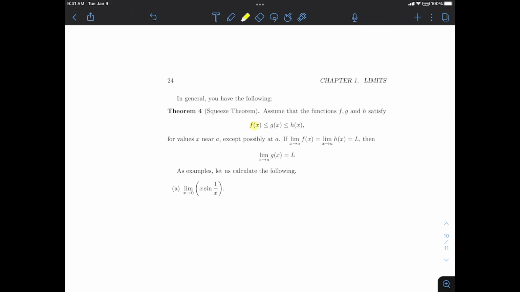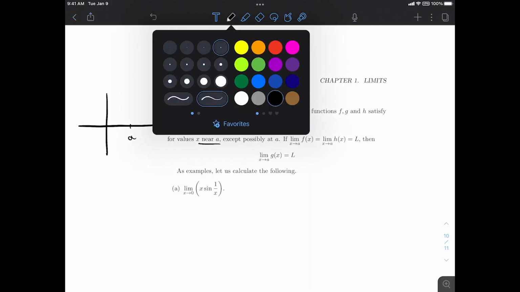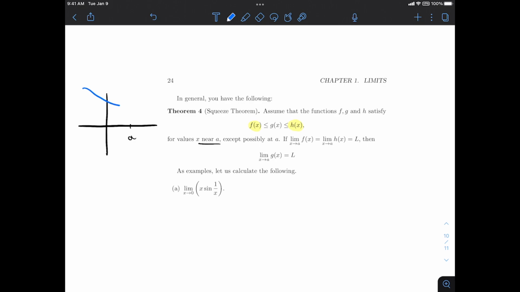You have f of x and h of x, which are the outer functions that are bounding g. So if I make another graphic, you have some point A, and x near A, so let's say this is A, and you have these two graphs, f right here and then another.